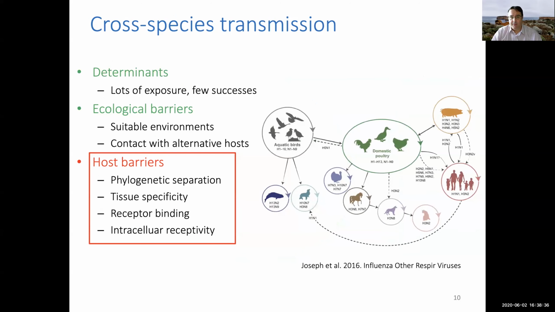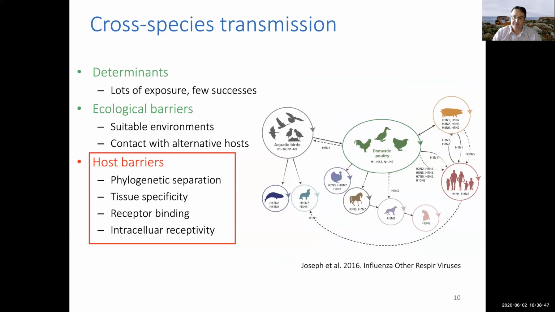This cross-species transmission introduces a lot of changes in the environment that the virus has to try and survive, because there are differences in the receptor binding of the viruses, and differences in the intracellular conditions. Different organisms, of course, have different temperatures, they have different receptors and so forth.